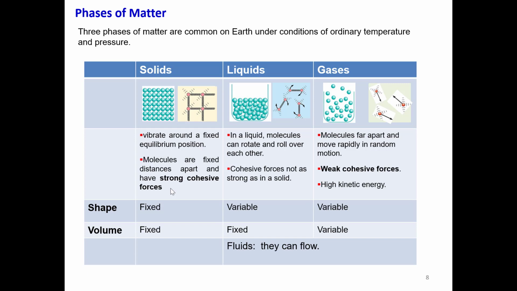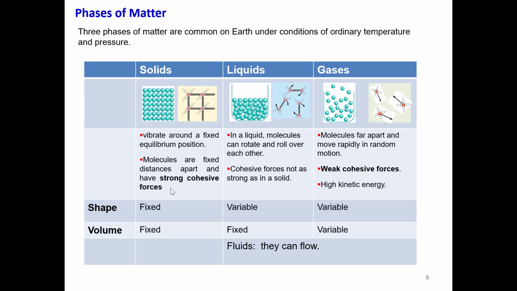Now, what happens if we add energy to that substance? The molecules will have more energy. They can vibrate, but they can also rotate and move, translating a small distance compared with the size of the molecules.